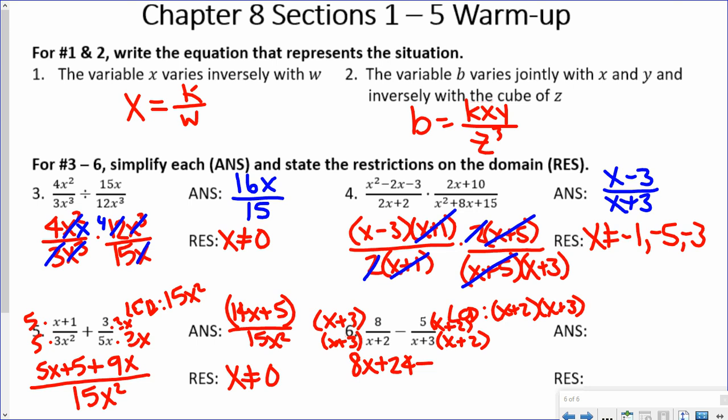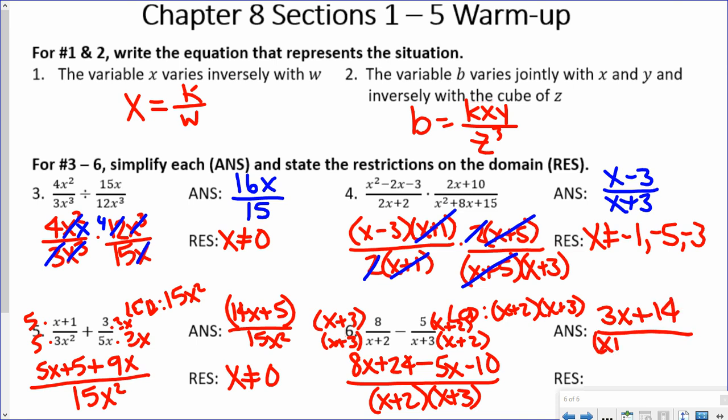So -5x minus 10 when you distribute a -5 to that parenthesis, all over x plus 2, x plus 3. When we combine like terms, 8x minus 5x would be 3x. 24 minus 10 is going to be positive 14, all over the parentheses. So x cannot equal -2 or -3 is your restrictions. And we can't factor anything out of 3x plus 14. So that's our answer.